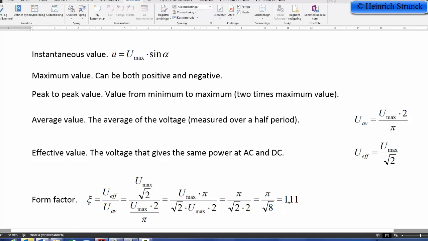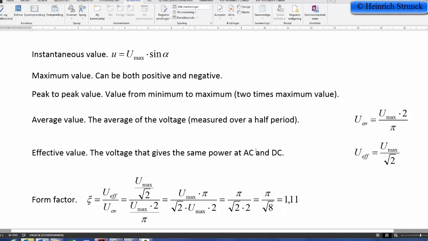Then we got the effective value, and that is the voltage that gives the same power at AC and DC. It means that if we connect a resistor to a DC voltage, we can say 230 volt, we have that in the supply system in Denmark.